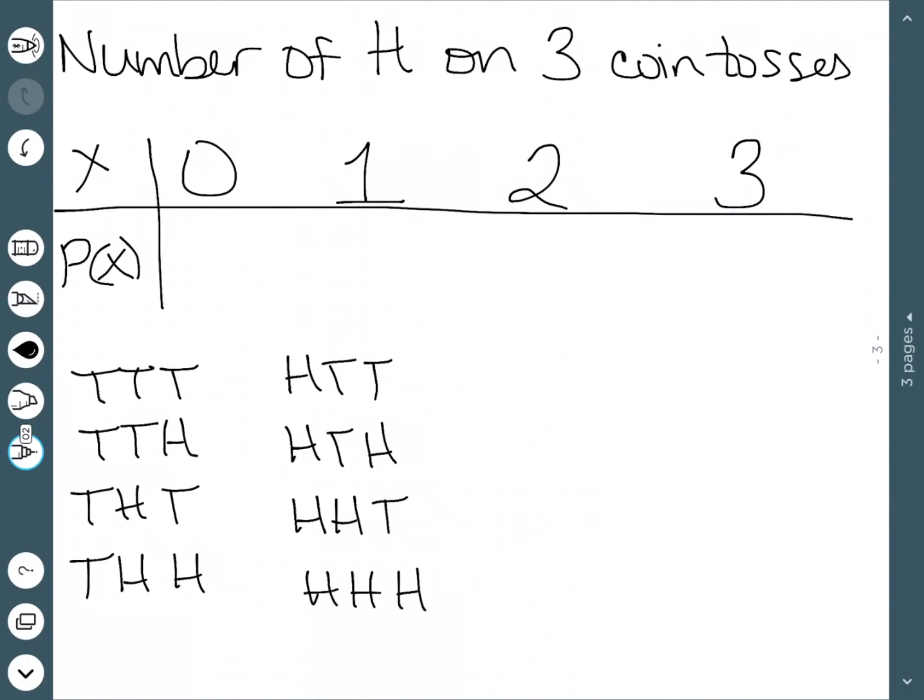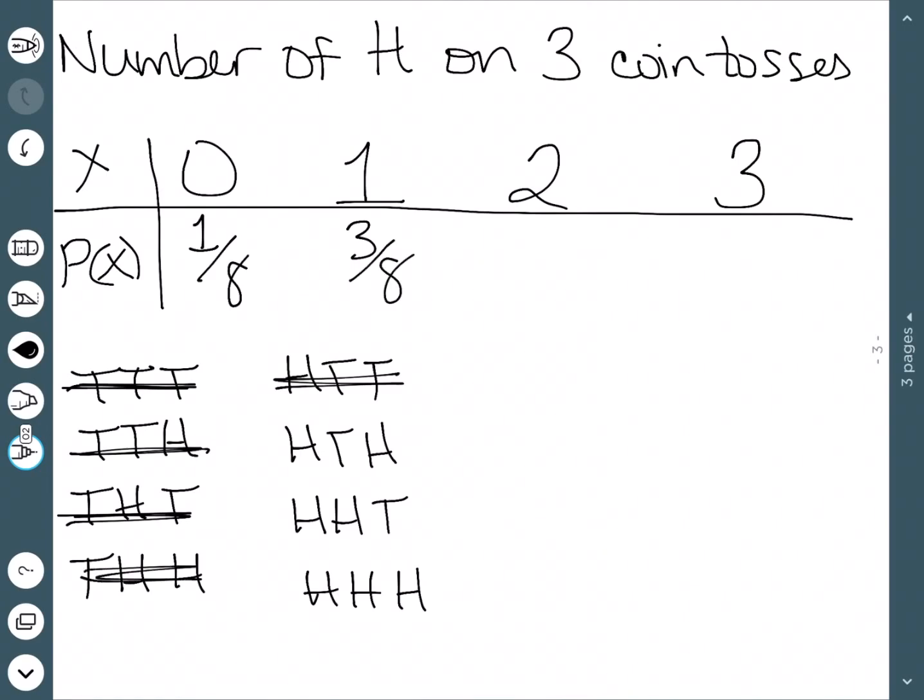So if I want to consider 0 heads, I just have one option, so 1 out of the total of 8. To get 1 head, I have 1, 2, 3 options, 3 out of 8. 2 heads is 1, 2, 3, so 3 out of 8. And then 3 heads is 1 out of 8. So now I have my probabilities, and if we add them up, they add to 1.